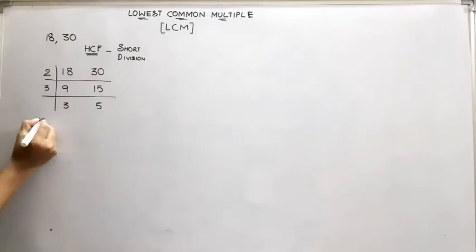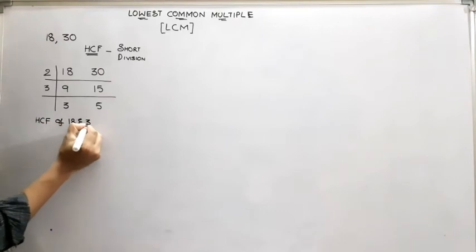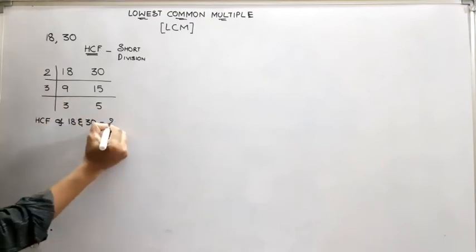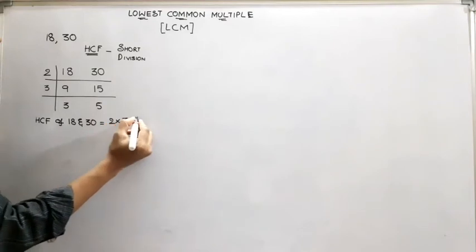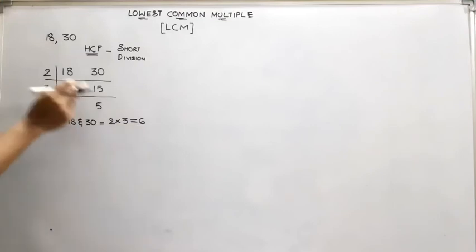And the HCF of 18 and 30 is equal to, as we have discussed, we have to take only the common factors, that is 2 into 3, which gives us 6. So 6 is the HCF of the numbers 18 and 30.